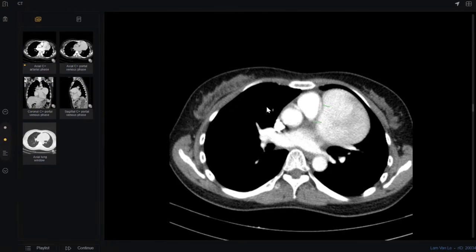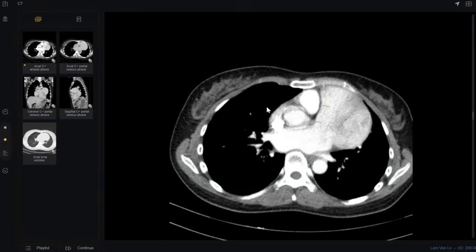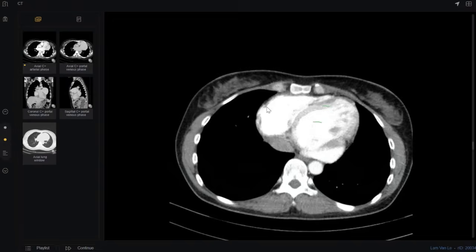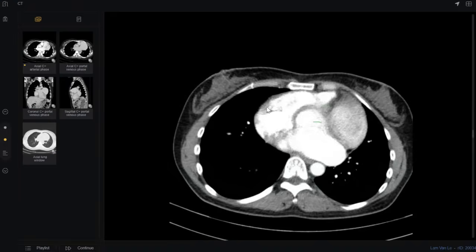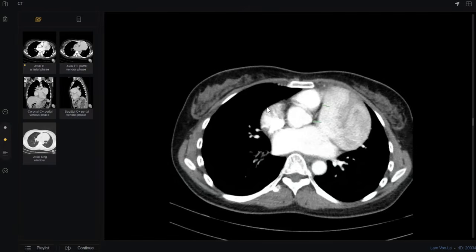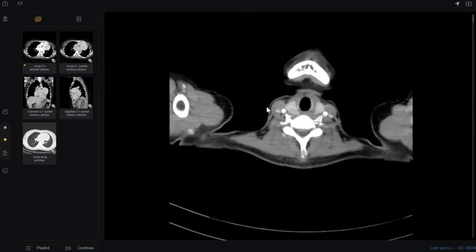In my routine practice, I will further check its connection. Sir, can you please scroll the images? This is the left ventricle, this is the right ventricle, and the mass is also showing enhancement, so it seems to be in continuity with the pulmonary trunk.